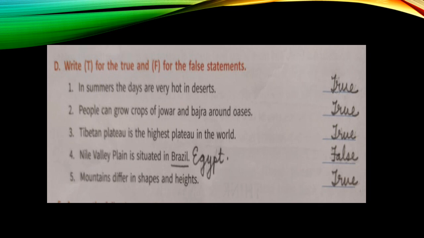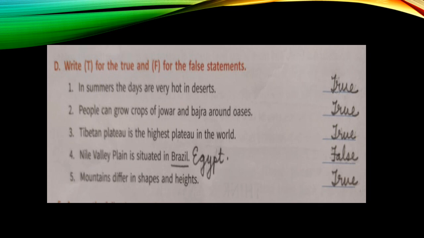So I am sure you must have understood the lesson, and I am also sure that you must have marked the correct answer. And if you have not done so, look at the video tutorial carefully, take out your book, take out your pencil, and please write the correct answers in the book. And if you have done, you will correct your answers.